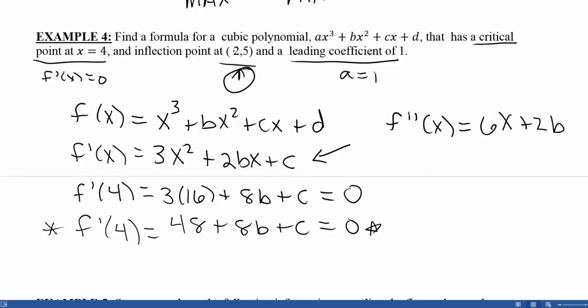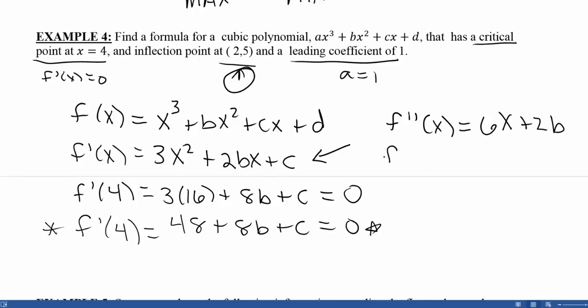So if we have an inflection point, then that means that at 2, our second derivative should equal 0. Because to the left of 2 and to the right of 2, we should have different signs of the second derivative. And in order for it to change signs, it has to go through 0. So again, the 5 is not relevant to the second derivative, but the 2 is.